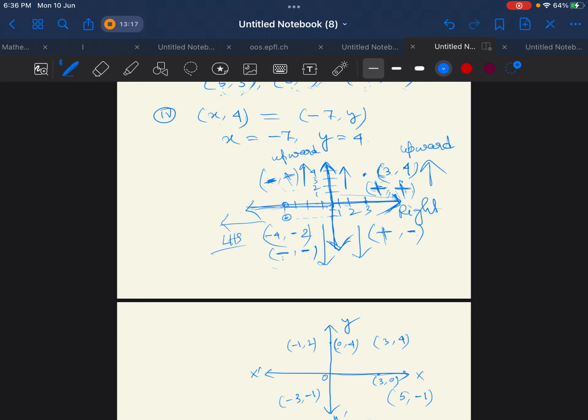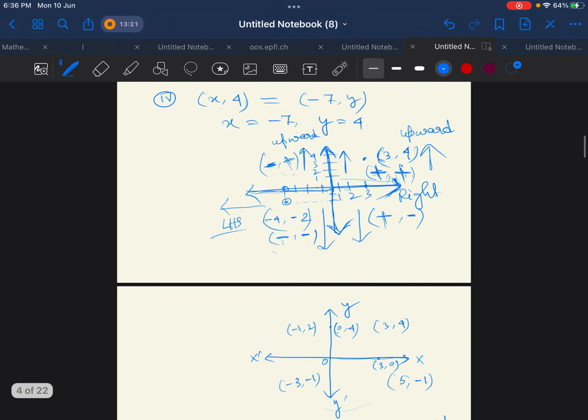So in the second quadrant we get a (minus, plus) point. And in the third quadrant we get the left hand side of the x axis always negative, and the downward side of the y axis always negative. So in the third quadrant, the values of x and y are always negative.